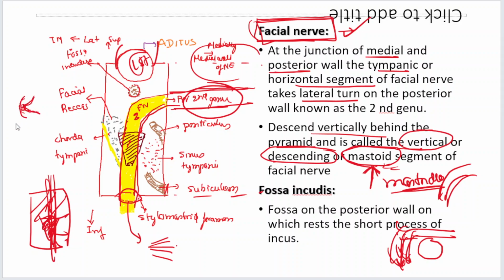Fossa incudis is an important landmark when we do the posterior tympanotomy approach in cochlear implant surgery. We will talk about it just after a few slides. So the first is the aditus, second the facial nerve, third the fossa incudis, a depression on the posterior wall on which rests the short process of the incus.